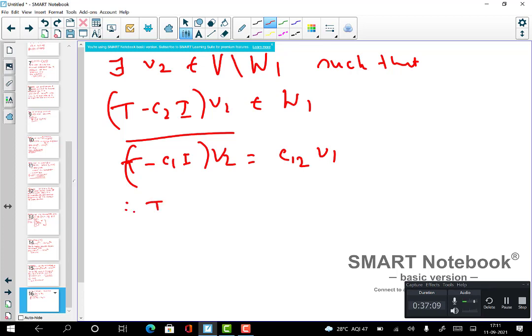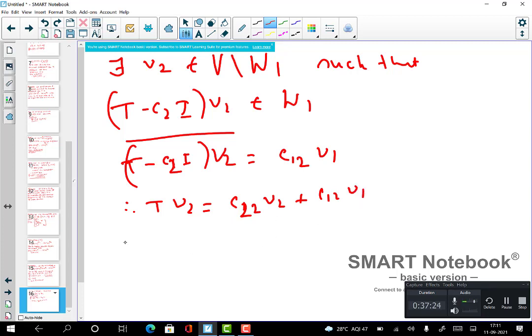That means T v2 is nothing but c2 v2 plus c12 v1. Otherwise, you can write c12 v1 plus c2 v2.